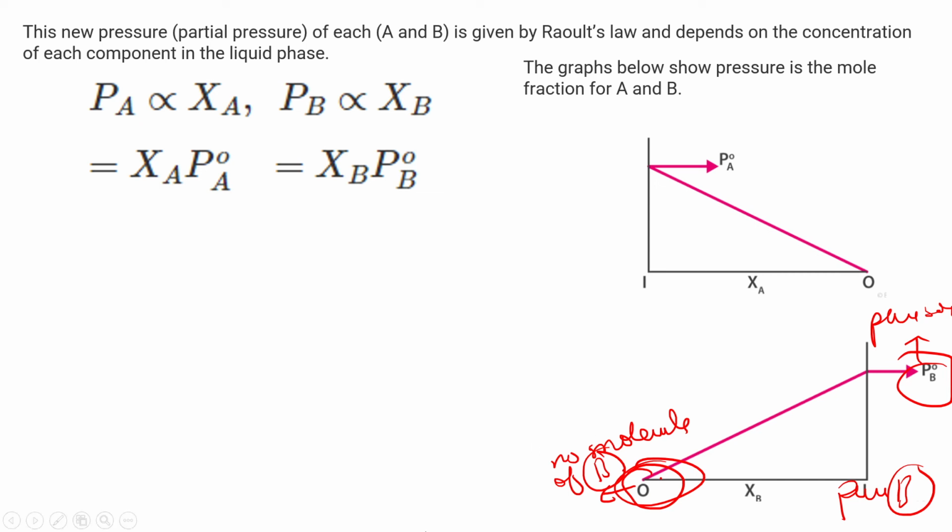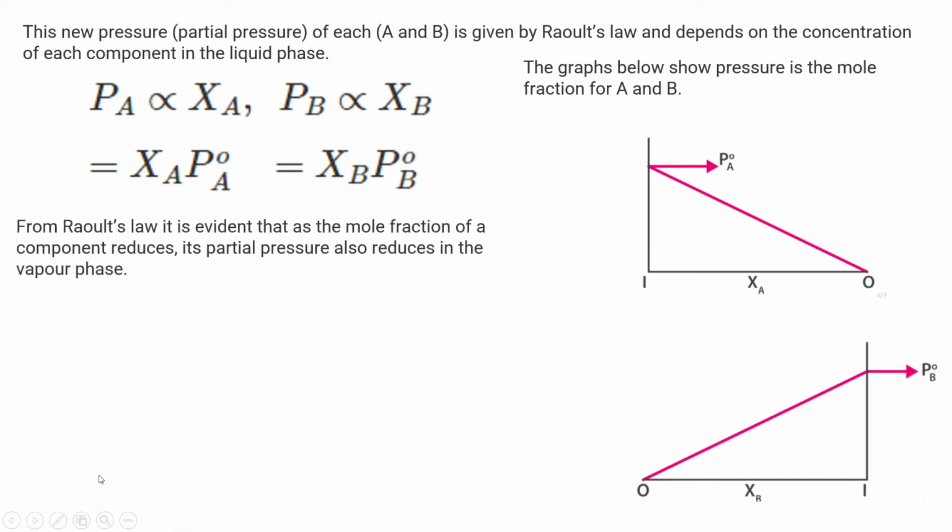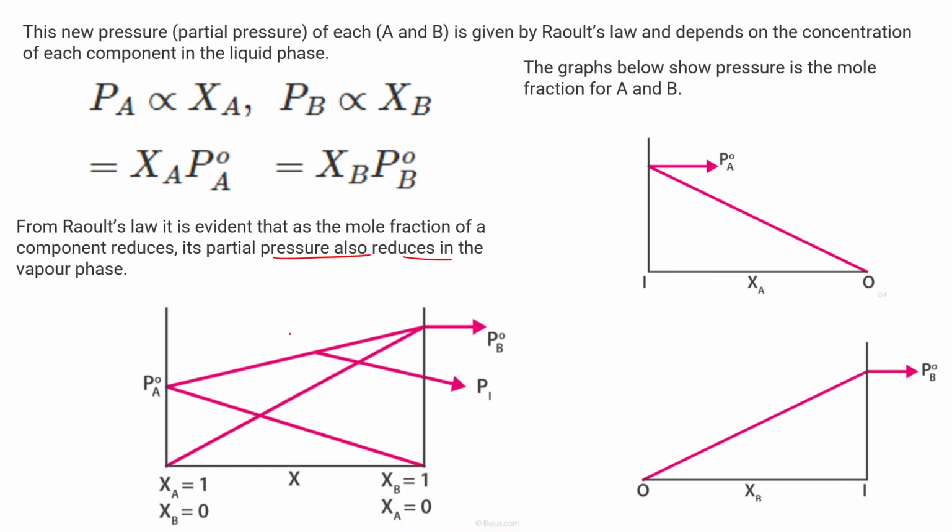When we combine these two graphs, we get this kind of graph. From Raoult's law, it is evident that as the mole fraction of a component reduces, its partial pressure in the vapor phase also reduces. So when we combine this graph, if the mole fraction of A is 1, we will have a partial pressure P naught A. PA is equal to P naught A into XA.